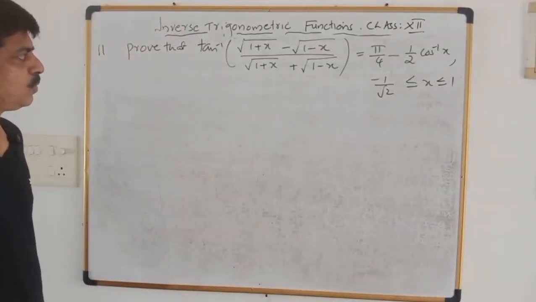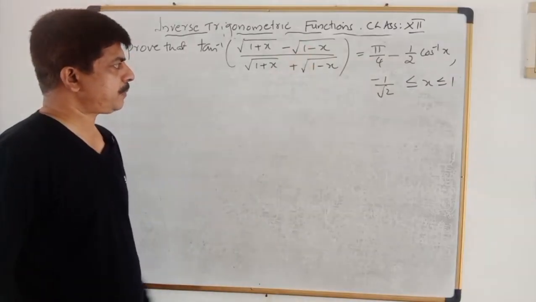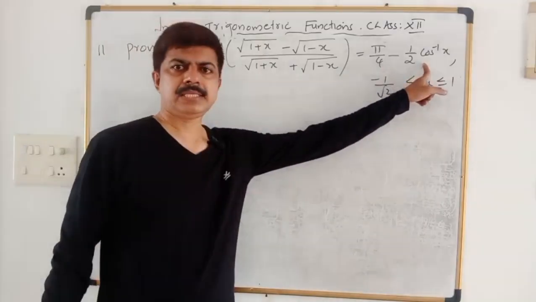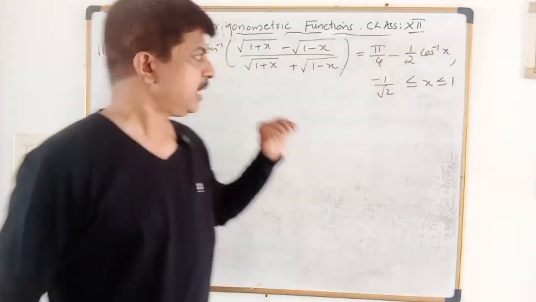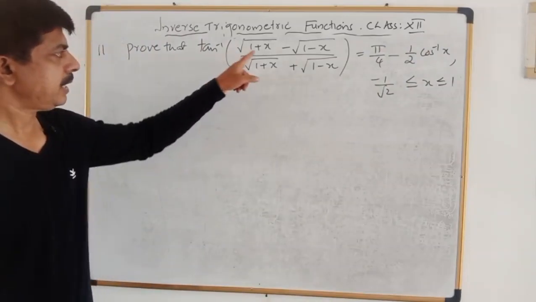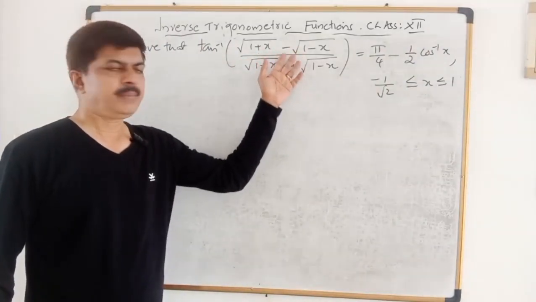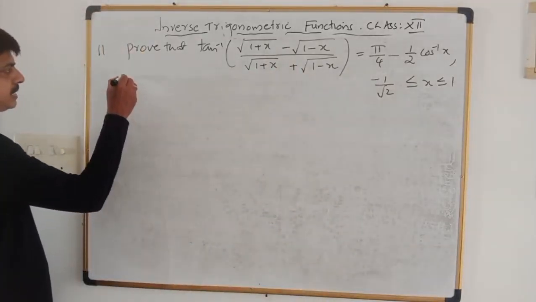Prove that tan inverse of root 1 plus x minus root 1 minus x by root 1 plus x plus root 1 minus x is equal to 5 by 4 minus 1 by 2 cos inverse x. This is the proving part. Let us see how we will prove it. Since it contains roots, we have to eliminate the roots by rationalizing the denominator. First step, we have to rationalize.